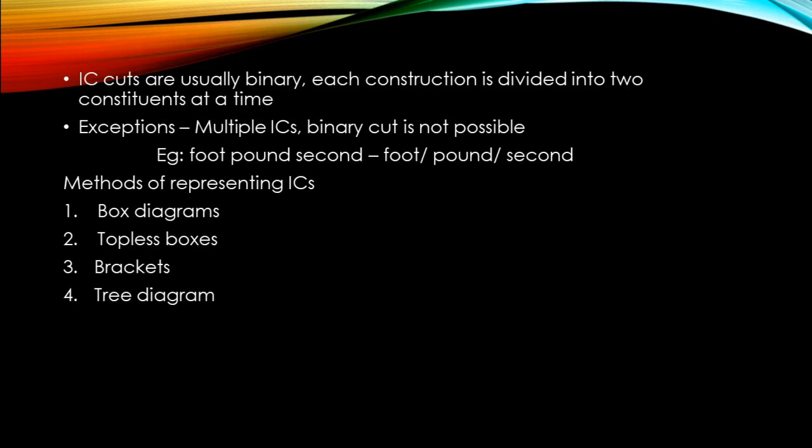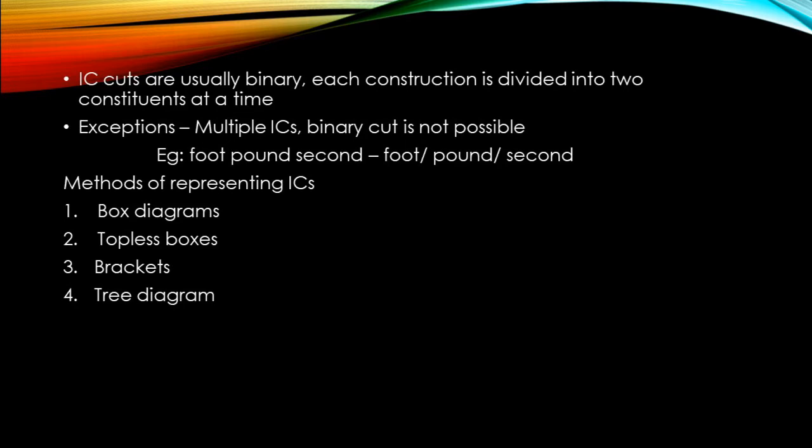In this, foot, pound, second, all these three words are of equal importance and therefore it cannot be cut into binary, but there will be three divisions for it: foot, pound, second. So it is an example for multiple ICs.